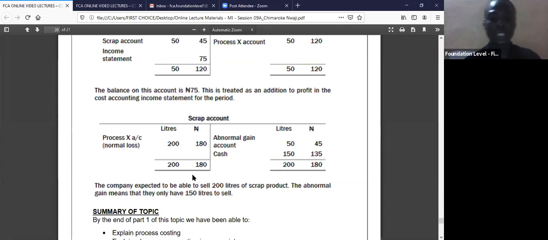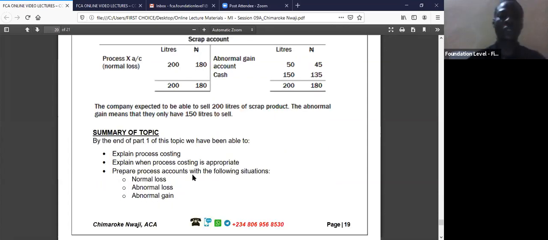Anyway, it's all good. So what are the things that we have learned today? We have been able to see what process costing really is. We have seen the situation where we have normal loss, abnormal loss, and then abnormal gain.